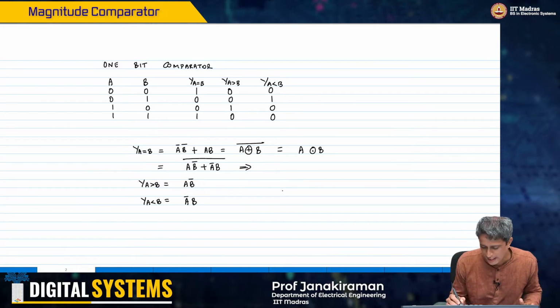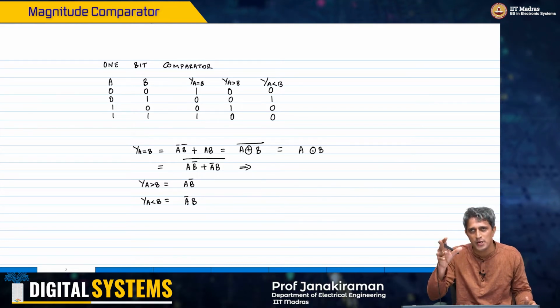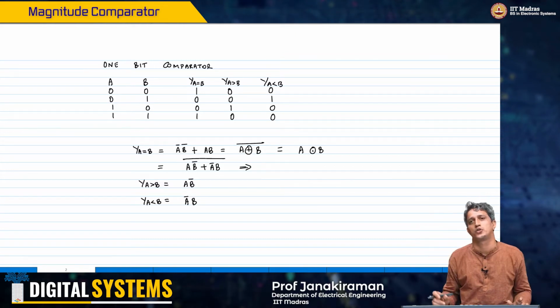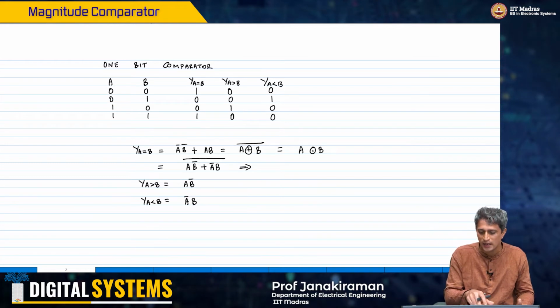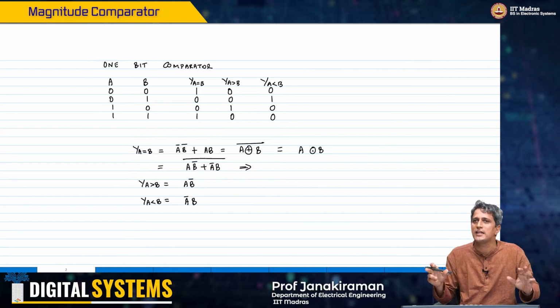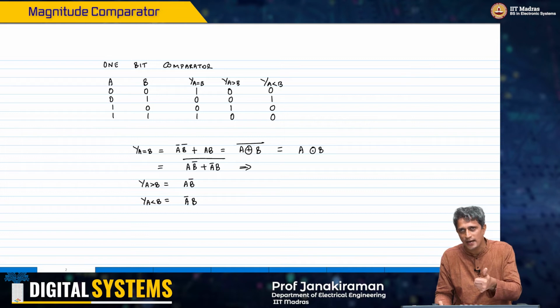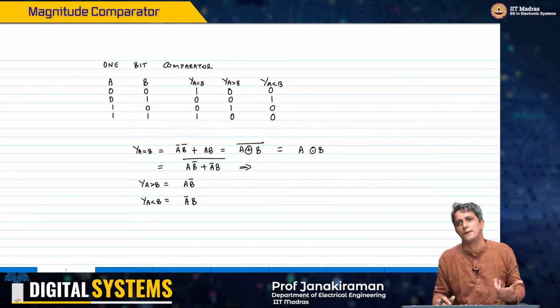This is saying it's either A is greater than B or B is greater than A, and neither of these two. That's why that bar is on top, it is basically saying either A B bar or A bar B is true, and then when you put a bar, the either simply becomes a neither condition, right? So neither is A greater than B, nor is B greater than A. That's when A can be equal to B, right?